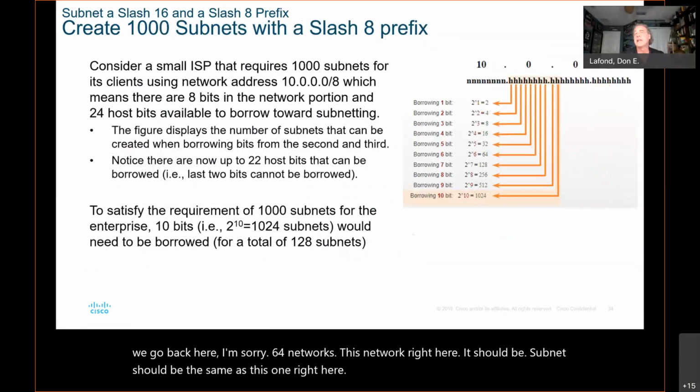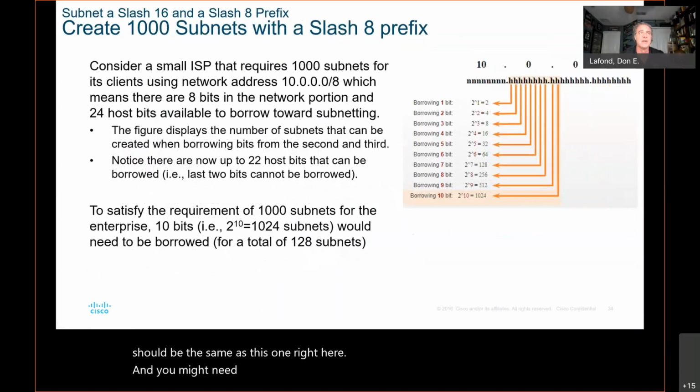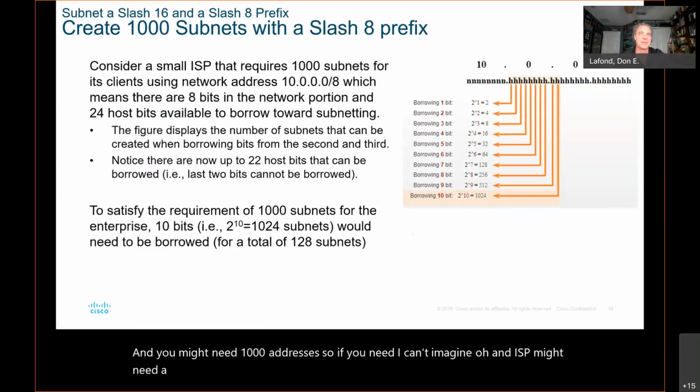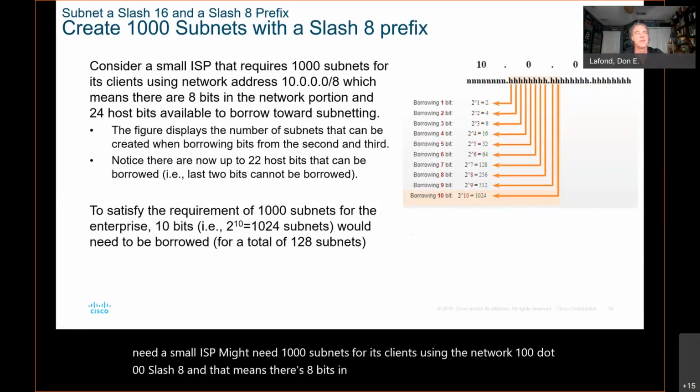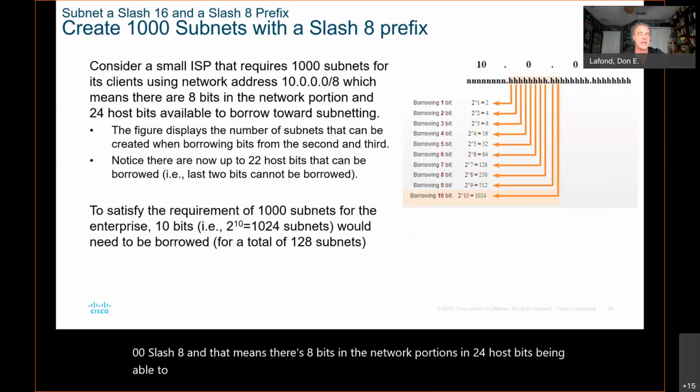And you might need 1,000 subnets. A small ISP might need 1,000 subnets for its clients using the network 10.0.0.0/8. And that means there's 8 bits in the network portion and 24 host bits that can be borrowed towards subnetting.